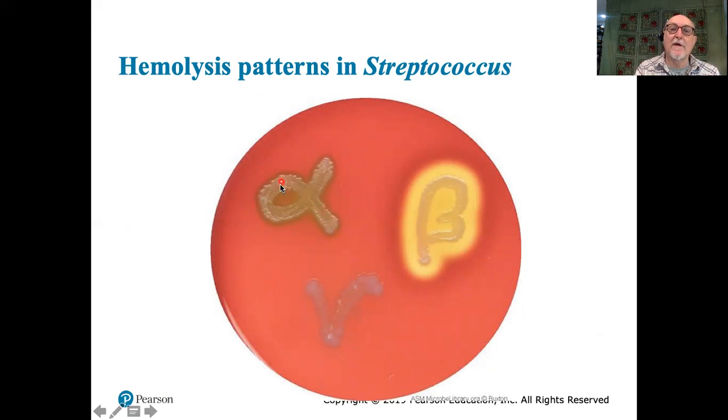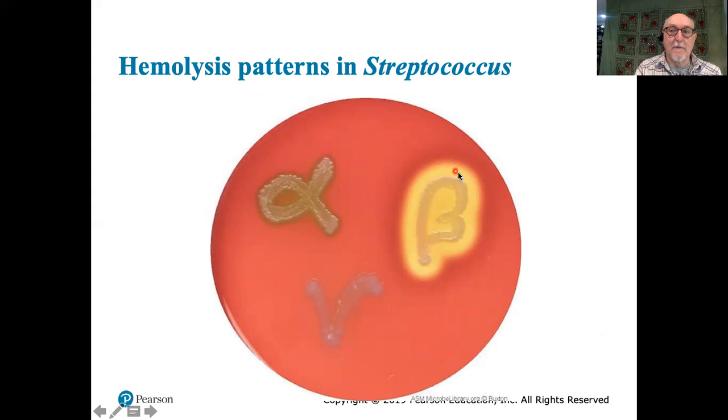The first is alpha hemolysis. That is here. This is a sheep's blood plate. It contains red blood corpuscles, which are entire. It's not just a solution of hemoglobin. It's a suspension of red blood corpuscles. These bacteria here are breaking down hemoglobin itself, but not lysing the blood corpuscles.